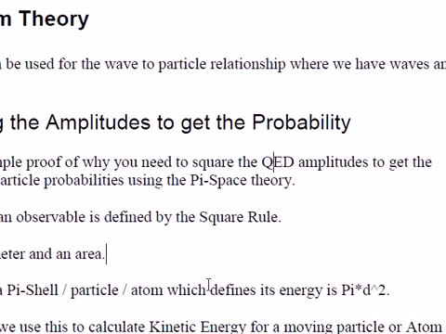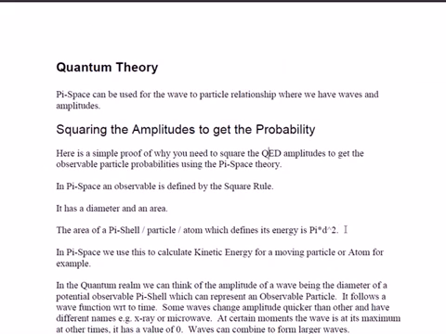So when you create a particle from a wave in pi space using the pi space theory, you have to square the diameter, right? You have to square the diameter, and you have to multiply it by the constant pi. Now the important thing to realize here is that the pi is very important. There are many physicists who talk about this constant pi appearing everywhere, and they say that it's just a constant.